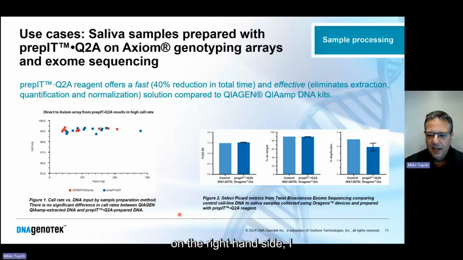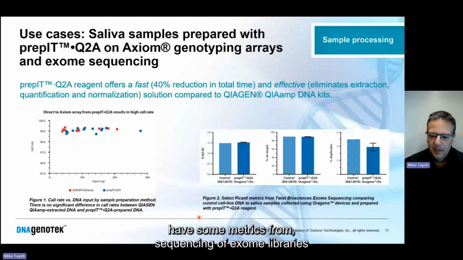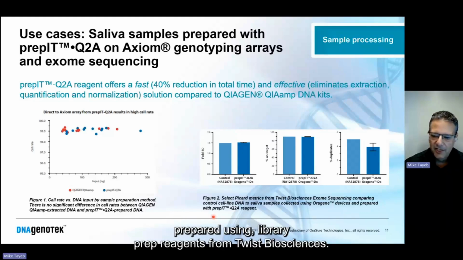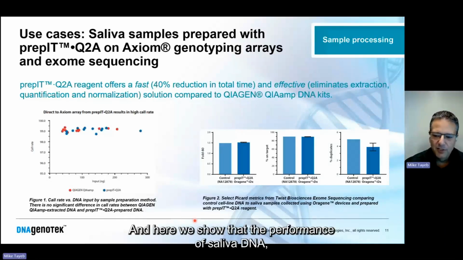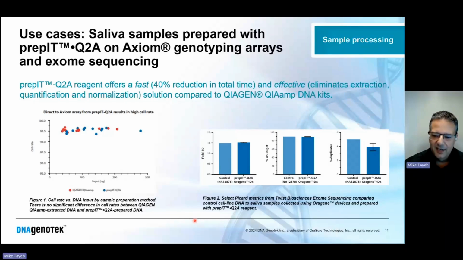On the right-hand side, I have some metrics from sequencing of exome libraries prepared using library prep reagents from Twist Biosciences. Here we show that the performance of saliva DNA prepared with PrepIt Q2A is similar to gDNA extracted from a control cell line.